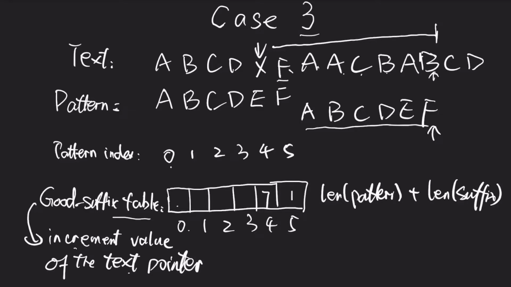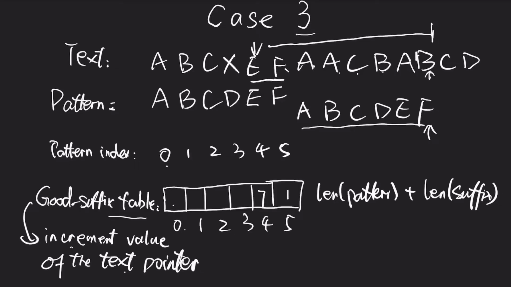And if a mismatch happened here, we can still apply the good-suffix rule. The suffix length is 2, and we still need to shift the pattern string by the pattern length. In this case, the skip value is 2 plus 6, that is 8.